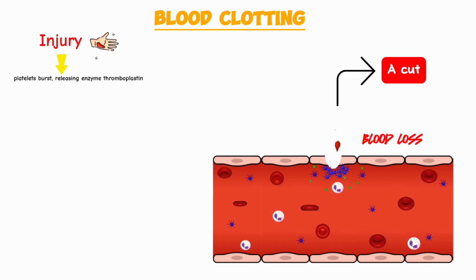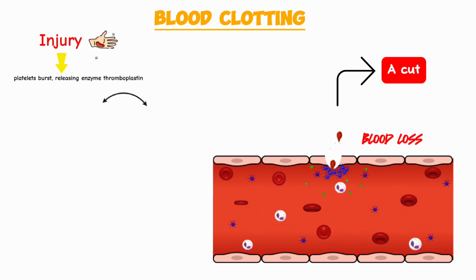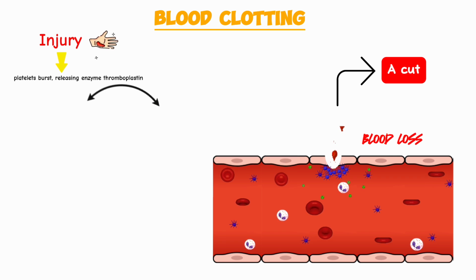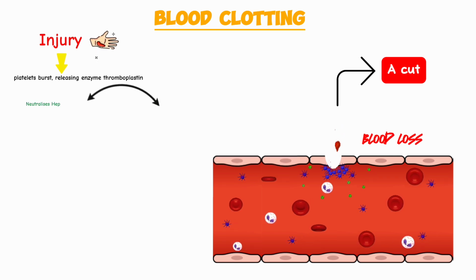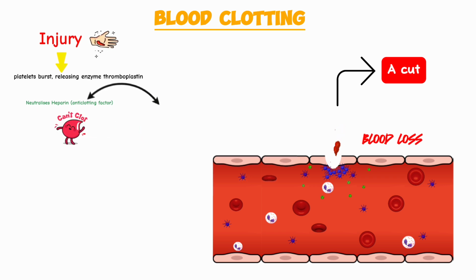Now, enzyme thrombokinase has two roles. It has two functions. Number one is that it stops the activity of heparin. It neutralizes heparin. Now, heparin is an anti-clotting factor that is present within blood. Remember, in normal situations, that is when there's no injury, we do not want blood to clot, to solidify.